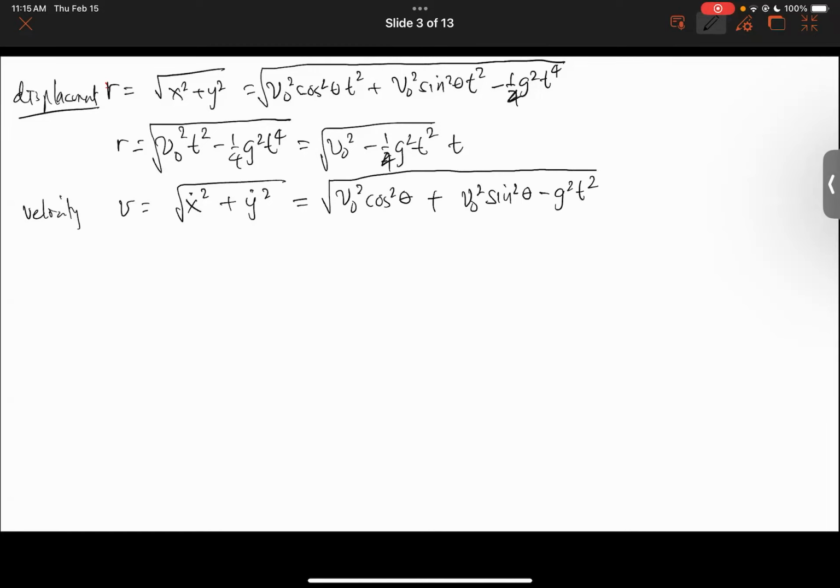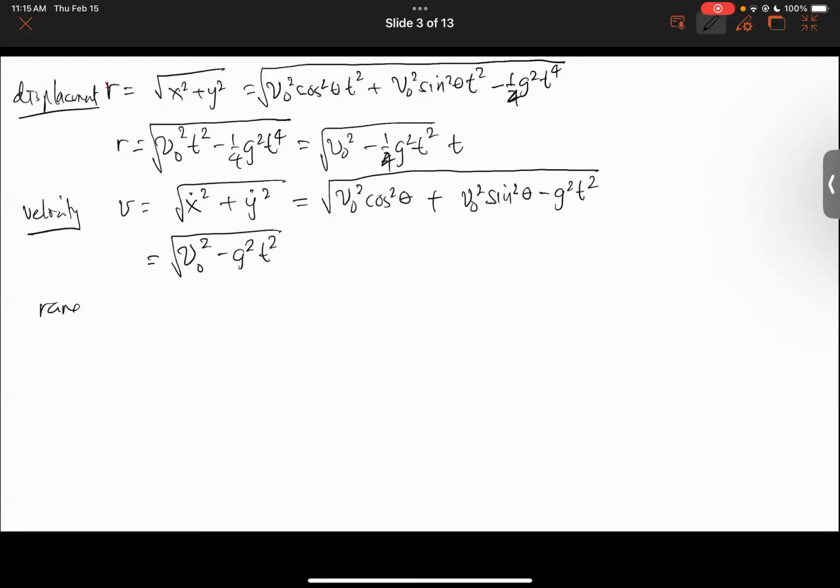Take the square root of that. So this will be equal to the square root of v naught squared minus 2 v naught sine theta g t plus g squared t squared. Okay, so yan yung velocity.